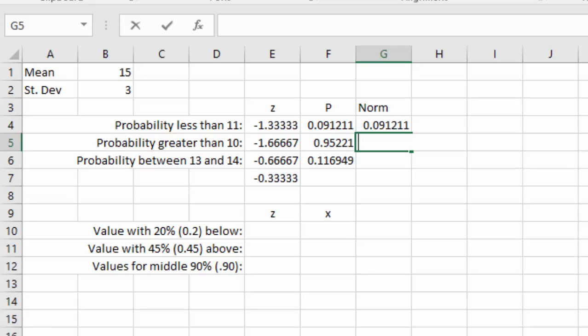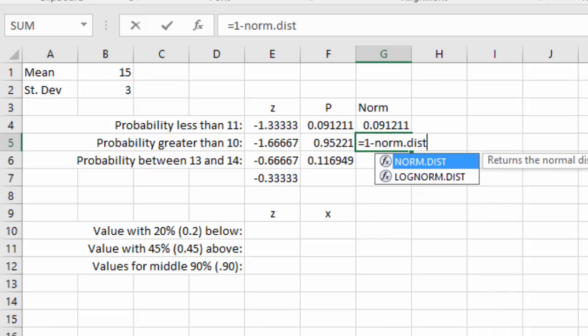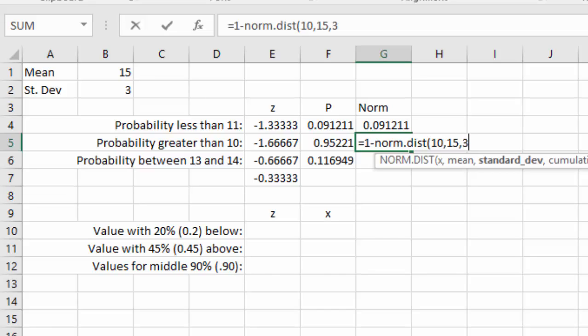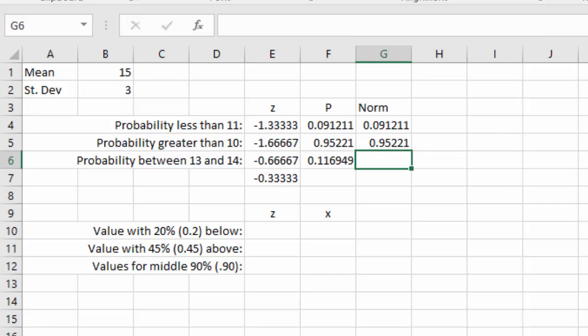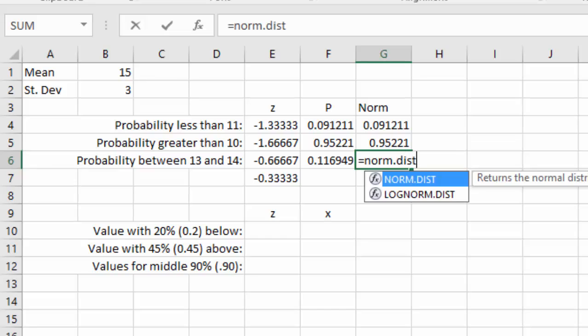Similarly, when we want to be greater than 10, Excel is going to give us the less than value. So to get the greater than value, we have to do 1 minus, same as before, but now we'll do norm.dist. The value is 10, the mean is 15, the standard deviation is 3, and we always type true. Same exact probability. To be between 13 and 14, we can subtract the values, equals norm.dist.